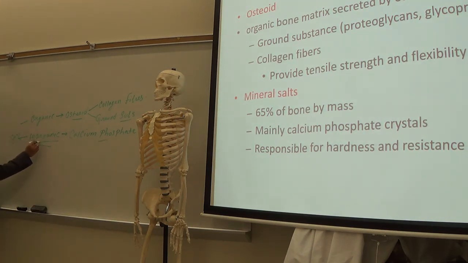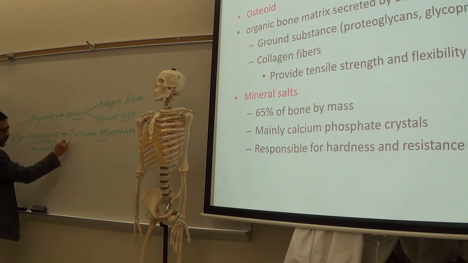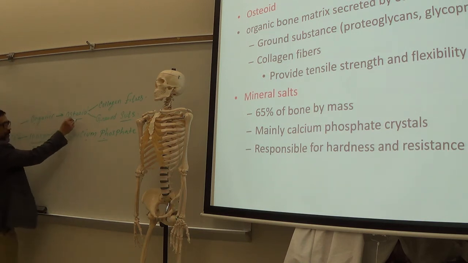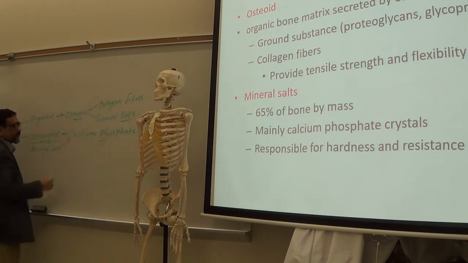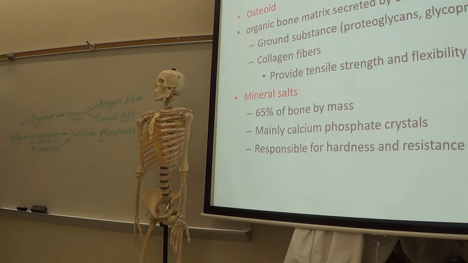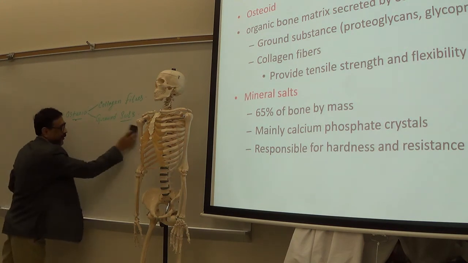So hardness is mainly given by the inorganic part, which is the mineral salt, calcium phosphate. Organic is the osteoid, which consists of the collagen fibers and the ground substance. So this is the chemical composition of the bone, both organic and inorganic.